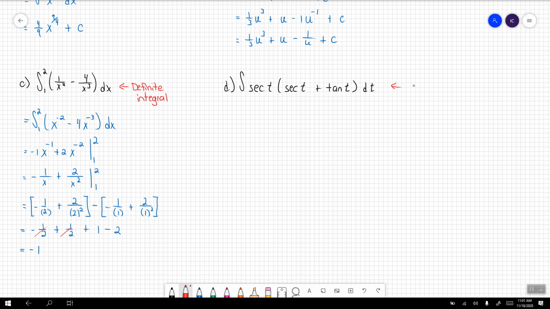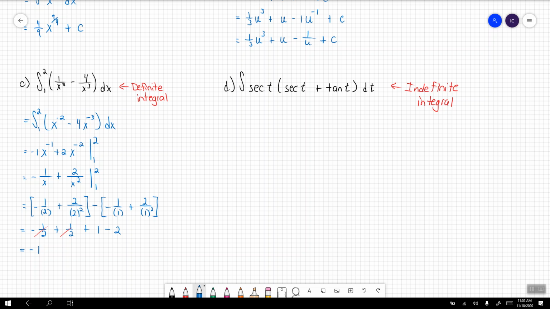And again, we're going to identify that this is an indefinite integral. Because it's an indefinite integral, we're going to need a constant, and we're not going to evaluate at the given endpoints. And so again, this integrand is not in any form that I've seen so far that we can evaluate, at least for this class.